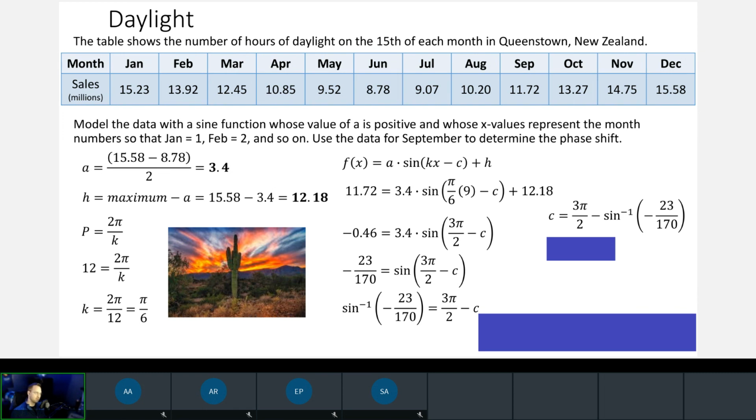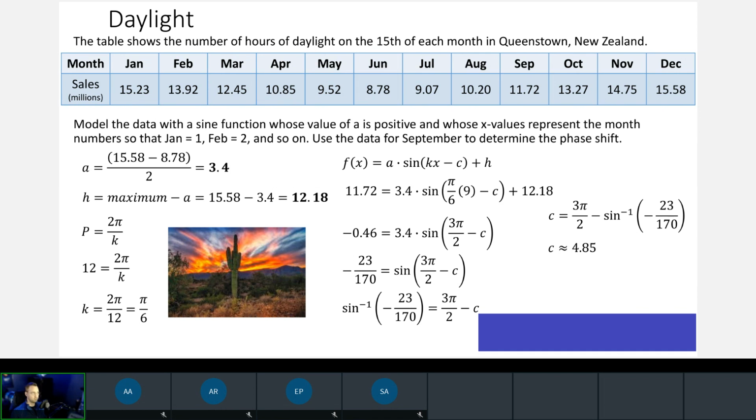Oh, it's that Apple calculator. That makes sense. Let's see if it's 4.85.